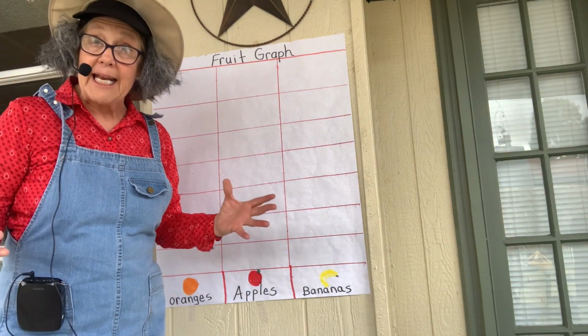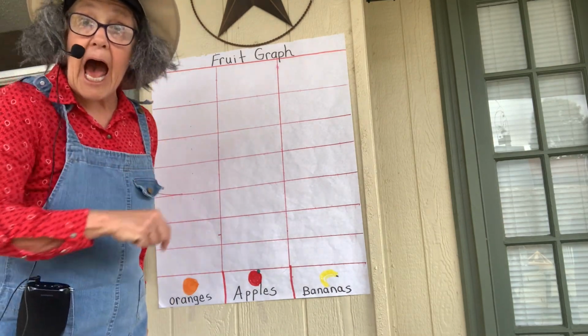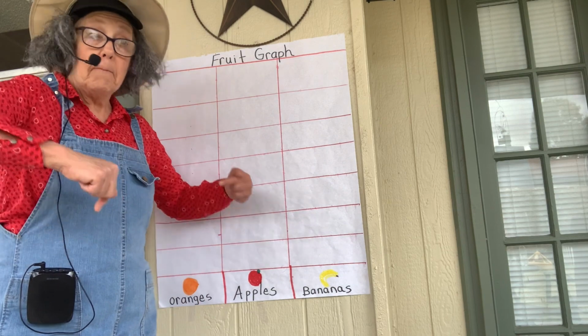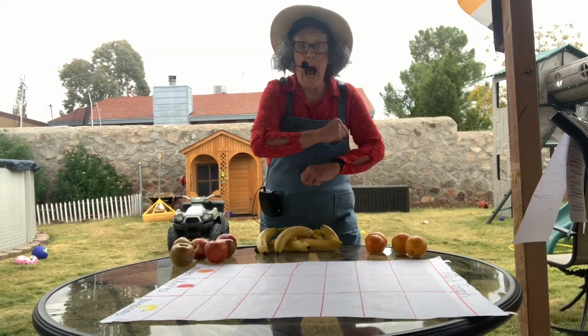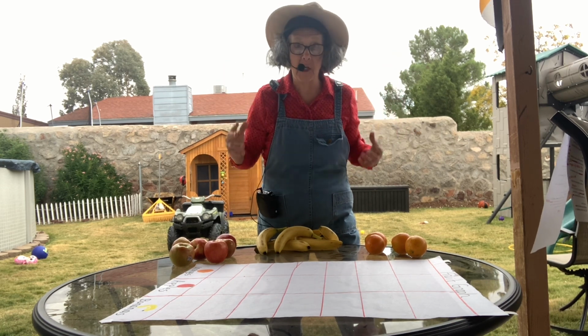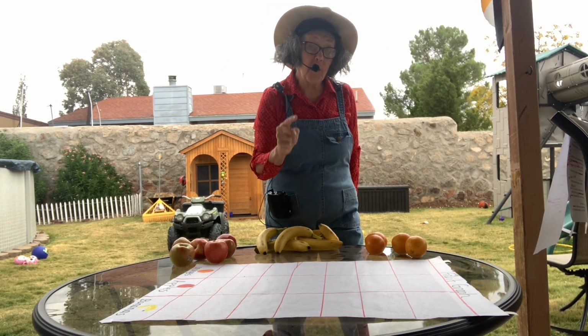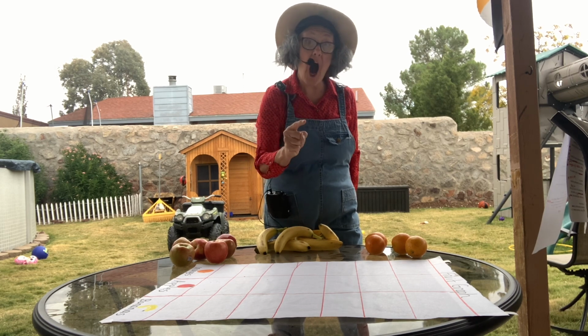Now I'm ready to put my information, the data I collected, on my graph. Now I'm ready to organize the fruit on my graph. I have to place the fruit in the correct column.